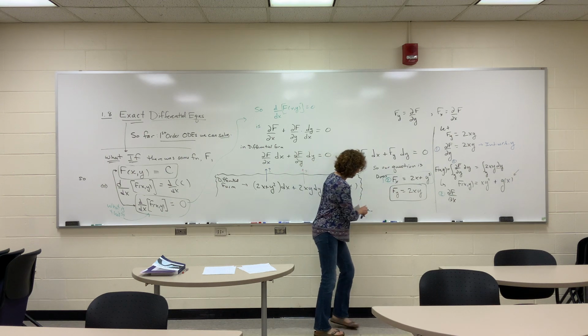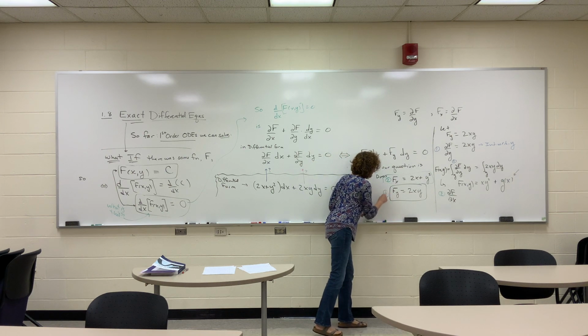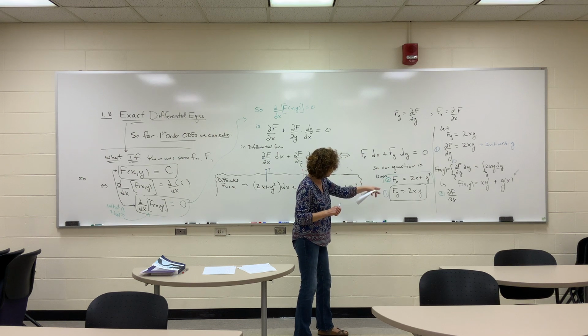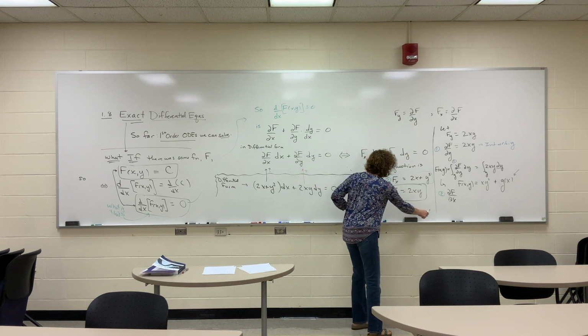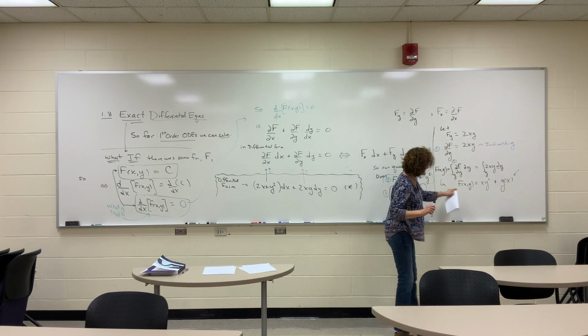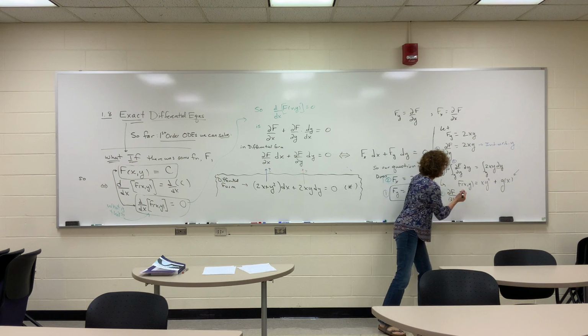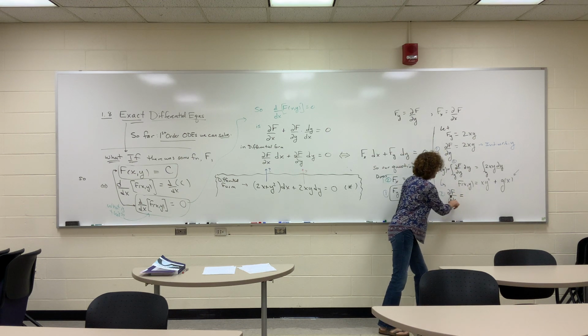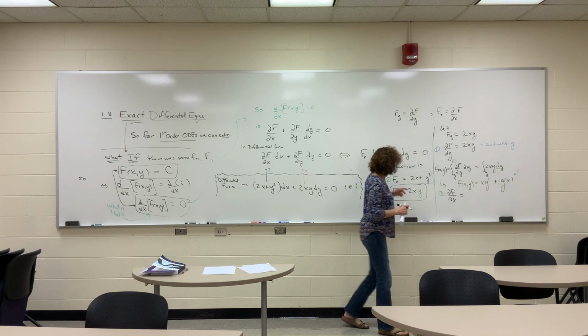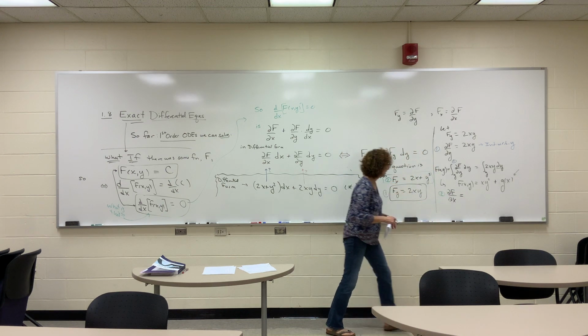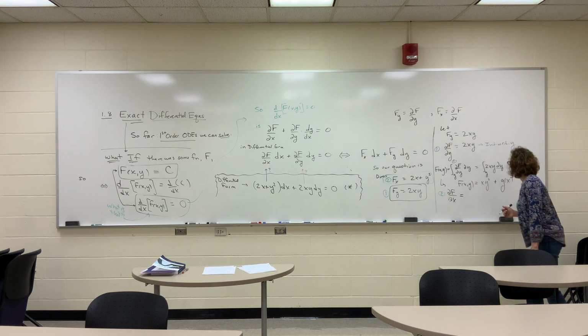We used this guy. There's our 1, right? We used him, we integrated. Now what are we going to do? What we're going to do is say, okay, here's my function. I am going to now take the partial derivative with respect to x of this function and see what I get and see if I can match it up to this guy. So let's do that. What do we get?